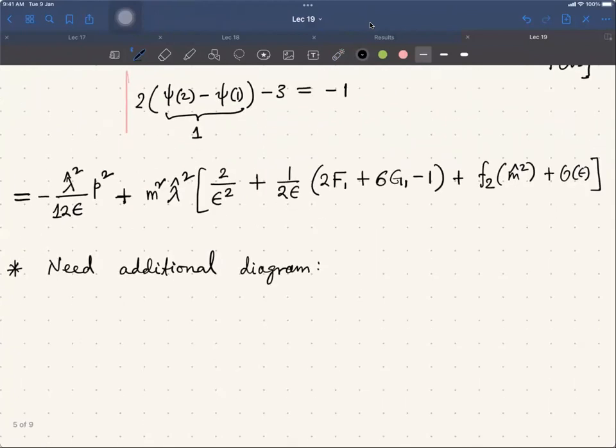And that would be given by a new vertex at order lambda square, where we have just the opposite poles. Now, there are two types of terms here. One is poles appearing in mass terms, mass square, and the other is poles appearing with momentum square.